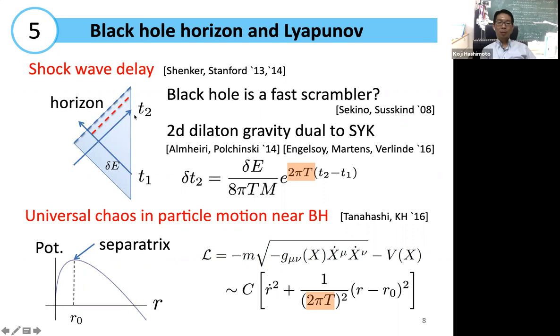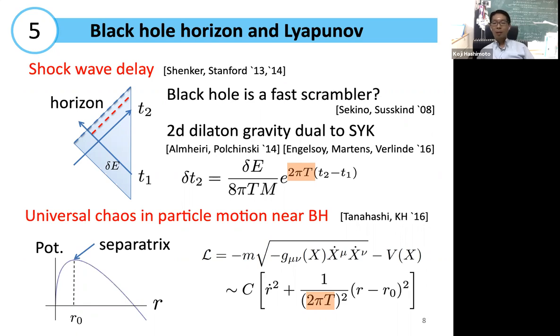The outgoing wave has a time difference delta T2, which is computed to be proportional to delta E. However, it is exponentially sensitive to T2 minus T1. The proportionality coefficient is given by 2 pi T, which is determined by the surface gravity, the Hawking temperature. So in this way, exponential growth and sensitivity can be seen by shock wave delay.